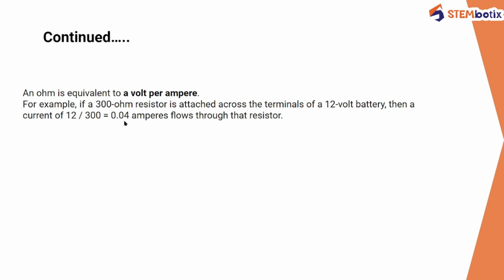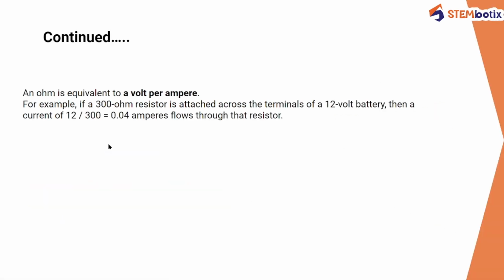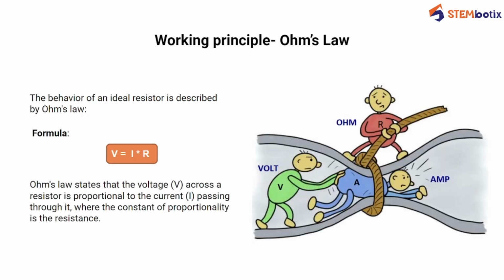For example, if a 300 ohm resistor is attached across the terminals of a 12 volt battery, then voltage V equals 12 volts and the resistor R equals 300 ohms. What is the value of current I?